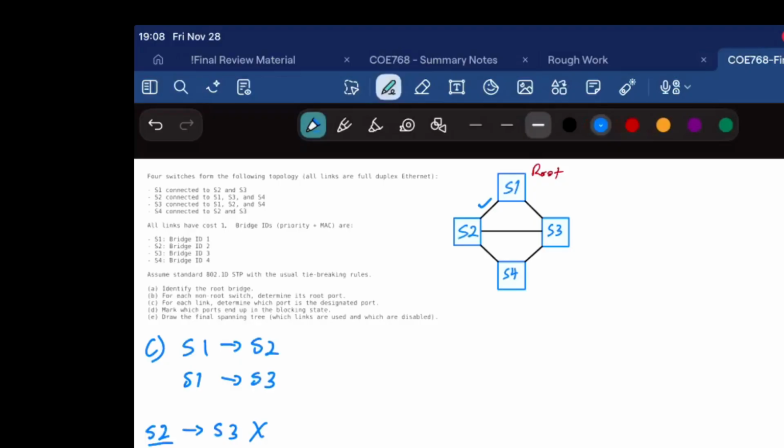Since S2 and S3 respectively are closest to S4, we cannot say anything as of now, but we would keep both of these links on.